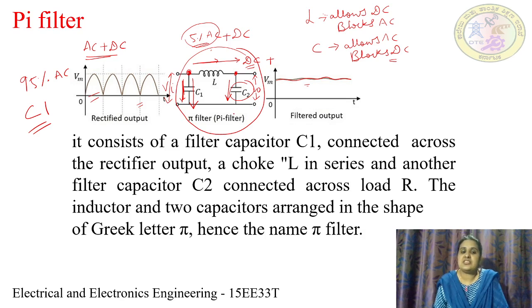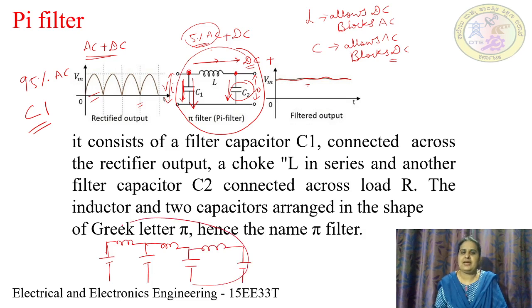If such stages are used, if I use it like this, one stage, this is one stage of the pi filter, this is the second stage of the pi filter, this is the third stage of the pi filter. Like this if I use multiple stages, then smoothing of the output is obtained. I may get a smooth output of this type.